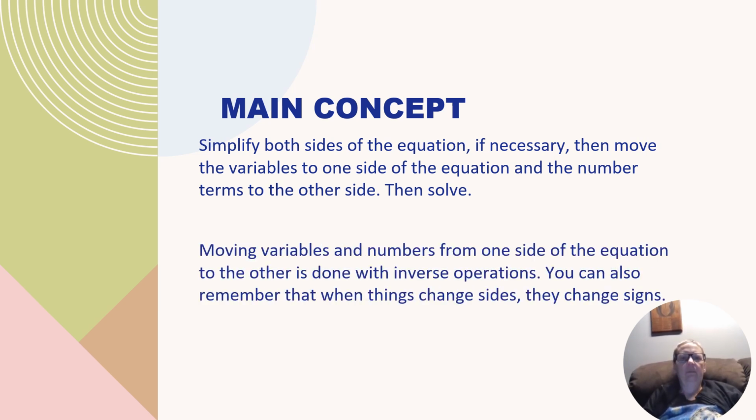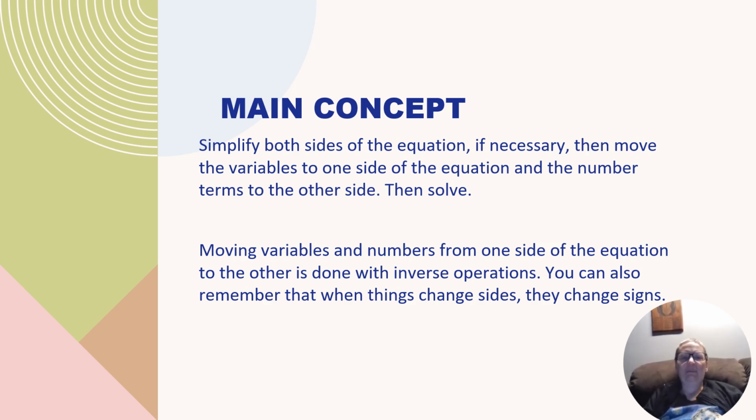All right. Moving variables and numbers from one side of the equation to the other is done, like I said, with inverse operations. So if it was like 6x plus 10 equals something, you would undo the plus 10 by subtracting the 10. If you had 6x plus 10 equals, let's say, 10x, and you want to move the 6x, you'd have to subtract the 6x from the first side in order to get the 6x off of that side.